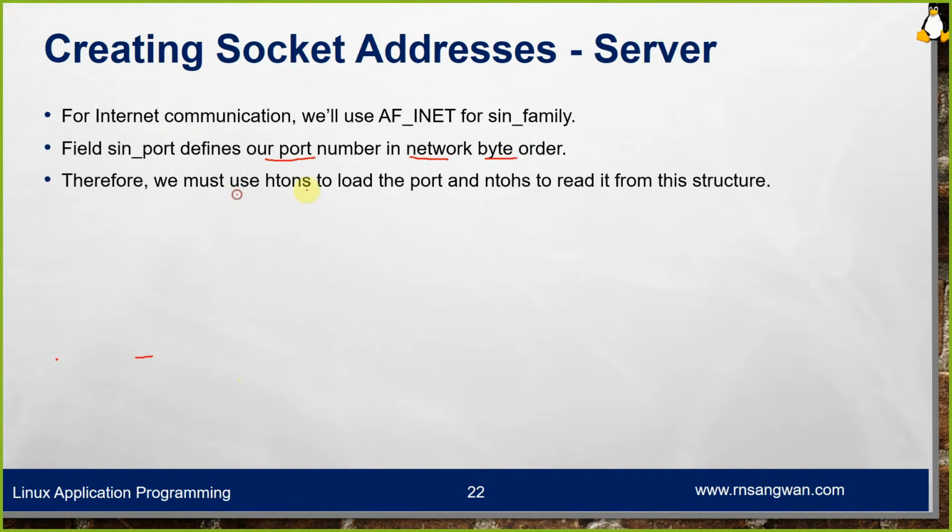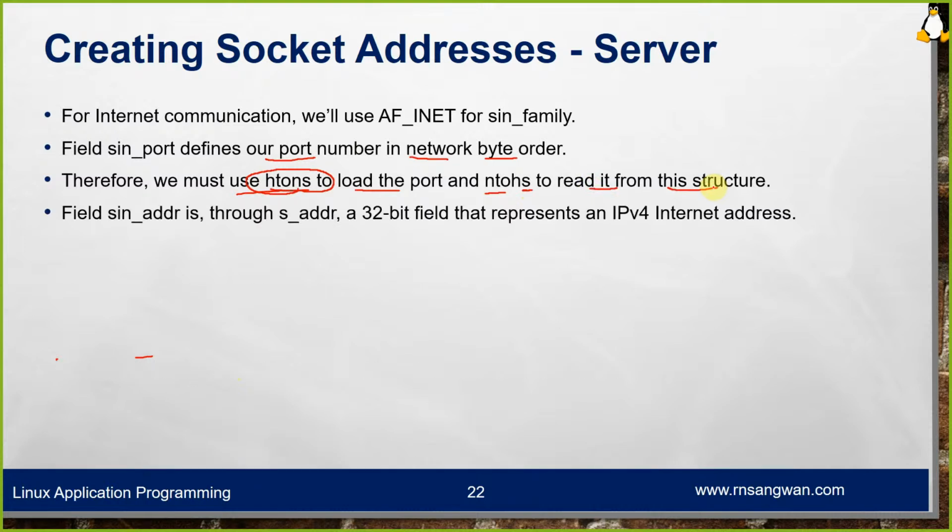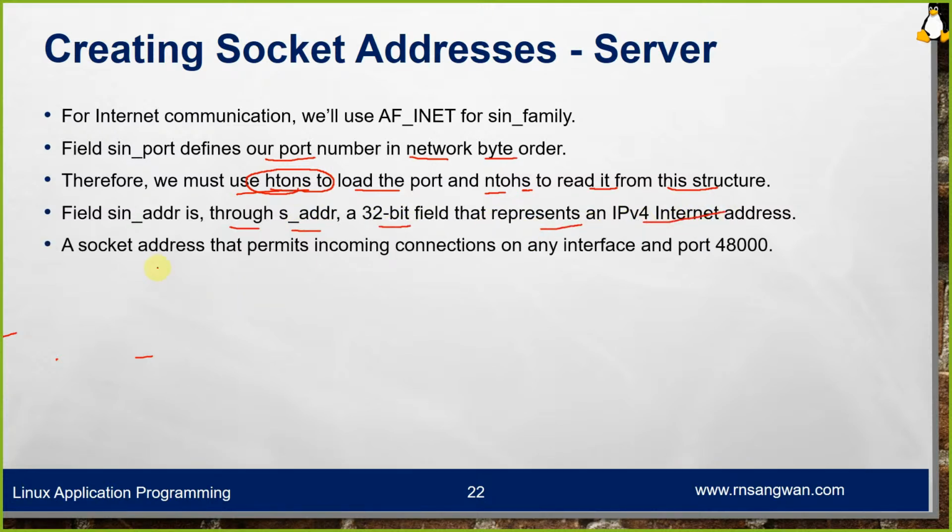Therefore, we must use htons to load the port and ntohs to read from the structure. The field sin_addr is through s_addr, a 32-bit field that represents the IPv4 internet address, and a socket address that permits incoming connections on any interface, with port number 48,000.